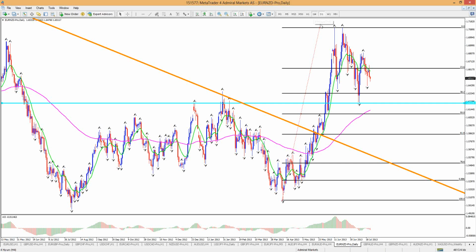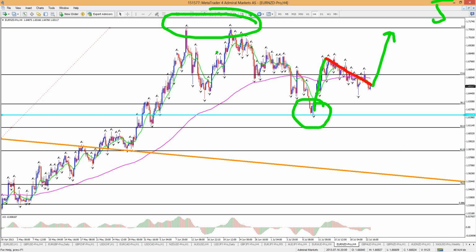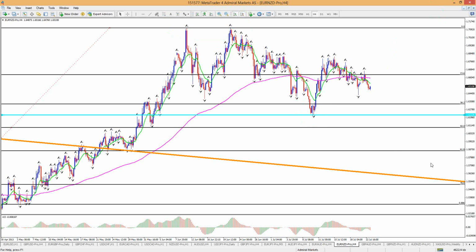Now, if we zoom into the 4-hour chart, either this was an up move, this is a bull flag, and we're going to continue to the upside after this 382 bounce and make a wave 5 and break this top. That's one way of looking at it. Or this was a down move, this is a retracement, and we're going to break and go down.